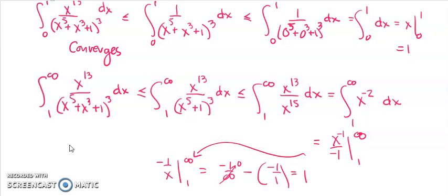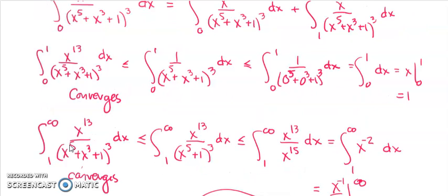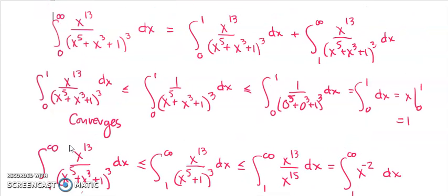This second piece is also less than or equal to 1, so it also converges. I've got two pieces, and the first piece converges and the second piece converges, and these two add up to what I'm trying to say something about. So integral 1 converges.